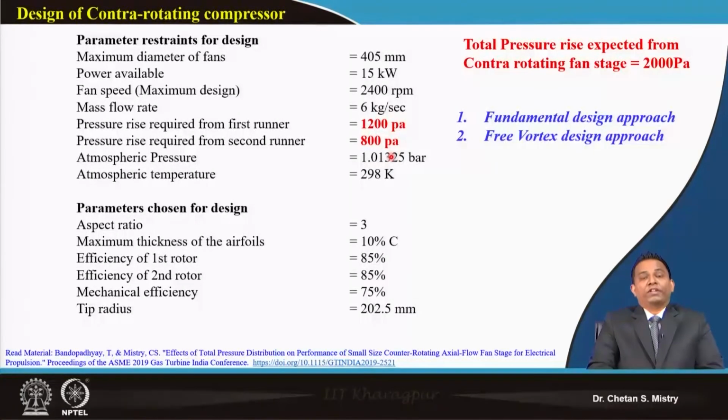So for my design, as we have discussed, rotor 1 was expected to give a pressure rise of 1100 Pascal, and rotor 2 was expected to give a pressure rise of 900 Pascal. And what we realized is that giving higher loading to rotor 1 benefits the overall operating range and my performance.